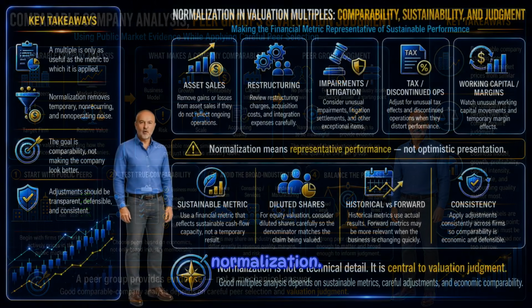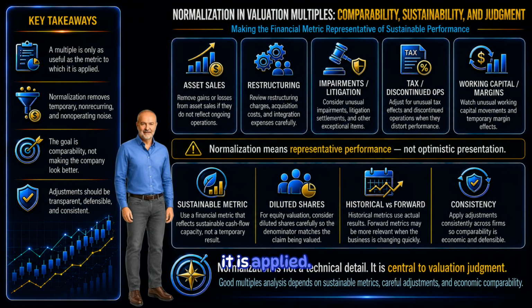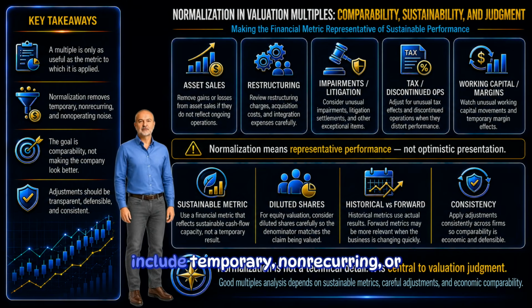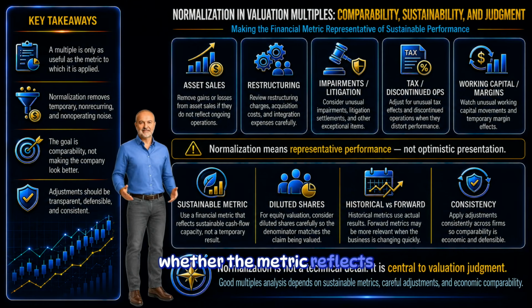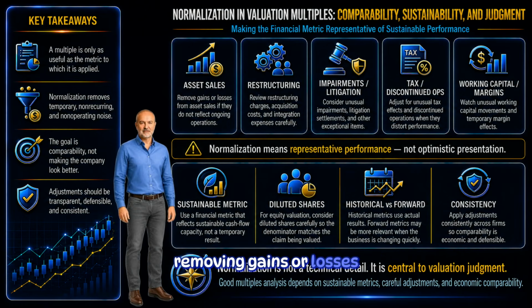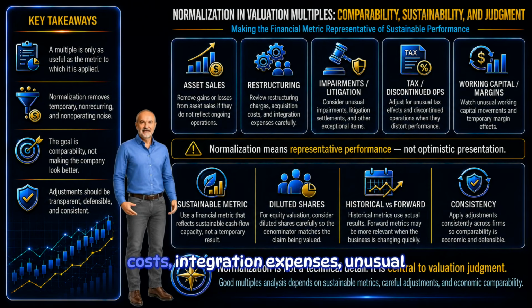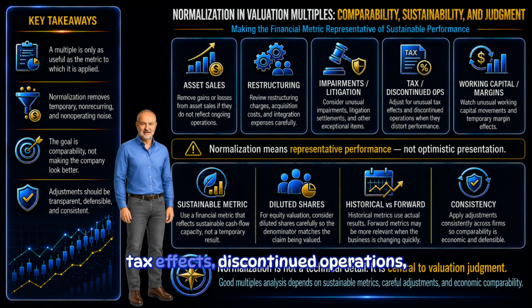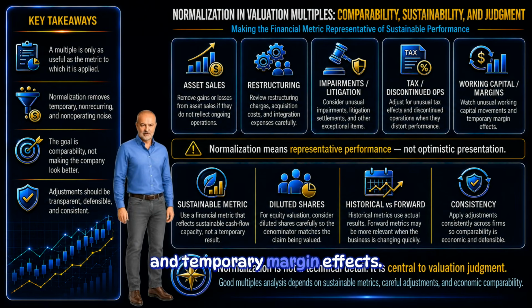Now let's talk about normalization. A valuation multiple is only as useful as the metric to which it is applied. Reported accounting numbers often include temporary, non-recurring, or non-operating items. Before applying a multiple, the analyst must ask whether the metric reflects sustainable performance. Common normalization adjustments include removing gains or losses from asset sales, adjusting for restructuring charges, litigation settlements, unusual impairments, acquisition costs, integration expenses, unusual tax effects, discontinued operations, unusual working capital movements, and temporary margin effects.